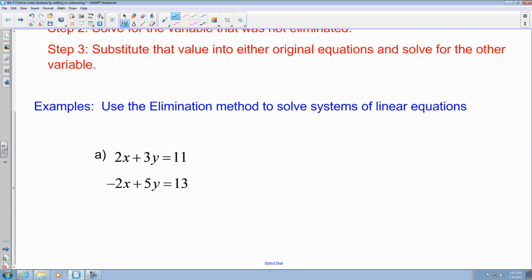Once you do that, you must determine which variable you wish to eliminate. And how I always look at it is which two coefficients are the same. You see that I have the 2x and then I have a negative 2x in both different equations.